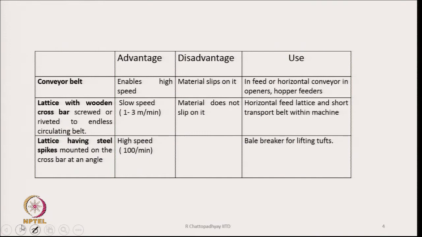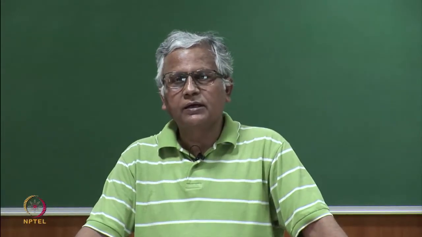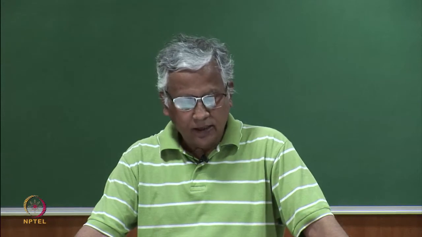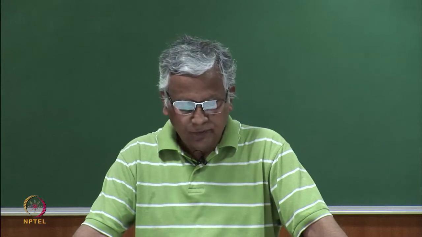The other is the lattice that may have steel spikes mounted on the crossbar at an angle, and if you try to recall the bale opening machines, you must have seen that there are spikes on it, and the spikes are at an angle.